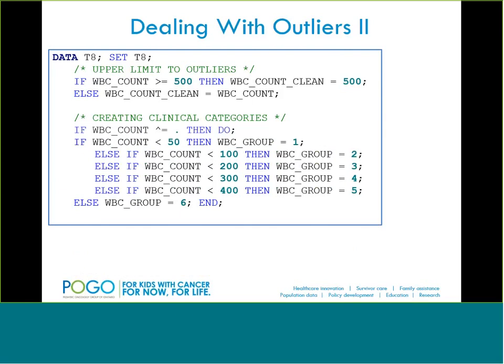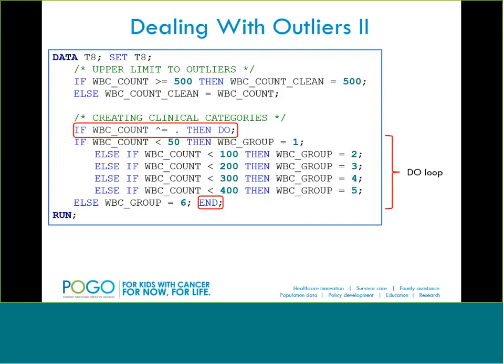So what I'm telling SAS is if the white blood cell count is not missing, this is what I want you to do. And here's the if then else statement again. In the first grouping, I know that any white blood cell count from 0 to 49.99 is in group 1. And then in group 2, it's 50 to 99.999, and so on and so forth.